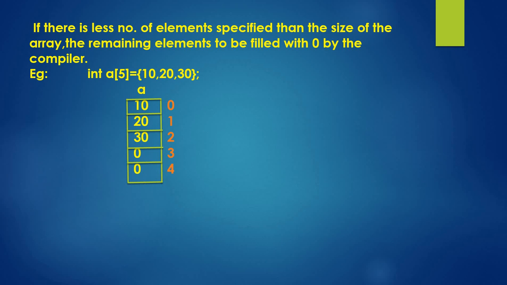If you declare too many elements, the remaining space will be vacant, filled with 0. That is the wastage of memory. So if you are planning to store only 10 elements, you declare it as a 10 element array or maximum a 15 element array. You won't declare it as a 1000 element array.